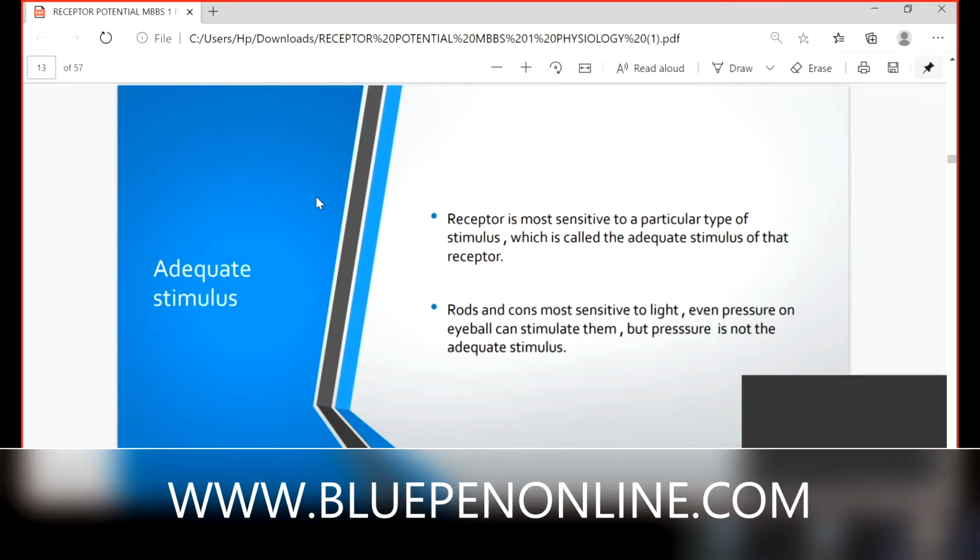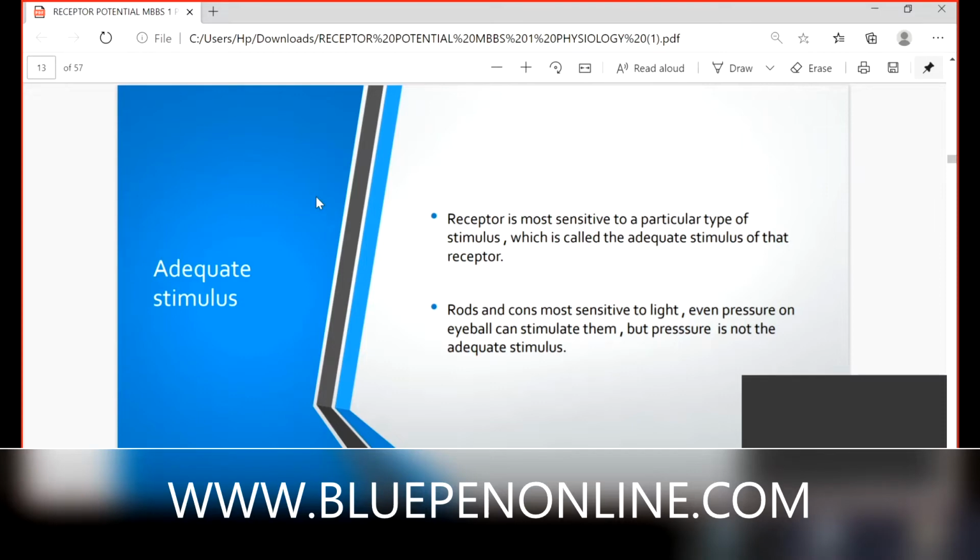That is, for every receptor there is a particular type of stimulus, which is known as the adequate stimulus. Actually, that is the proper stimulus for that receptor. But they can also be activated by certain other stimuli. But it doesn't mean that that is the adequate stimulus.